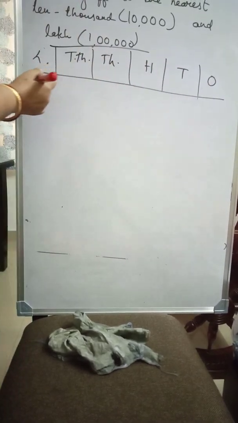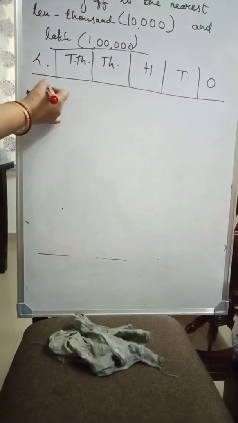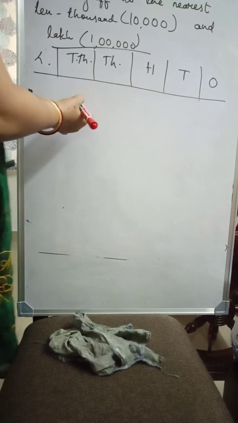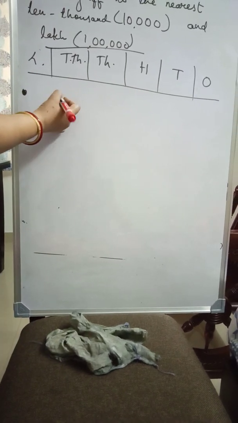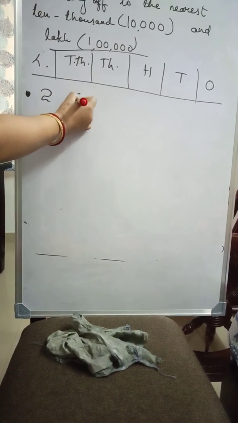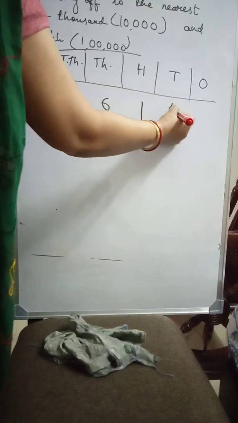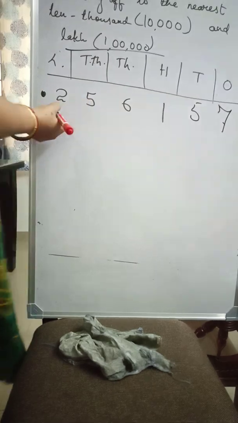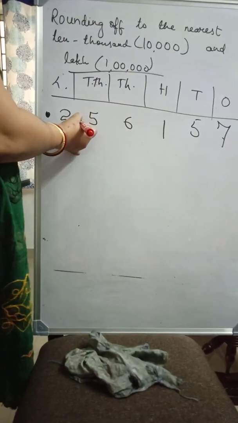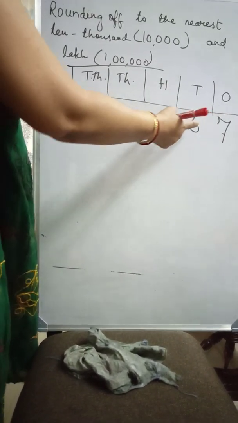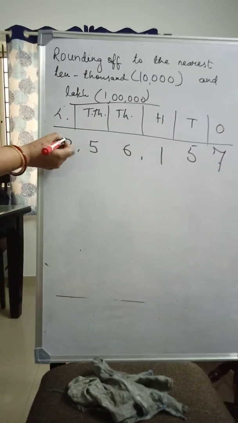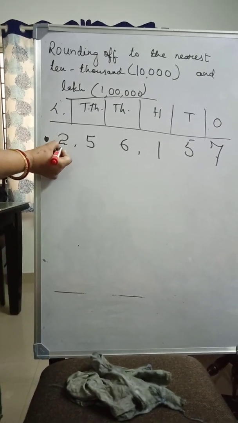I am going to show you the rounding of the given number to the nearest lakh. So it is 2,56,157. Let us read it: 2,56,157.